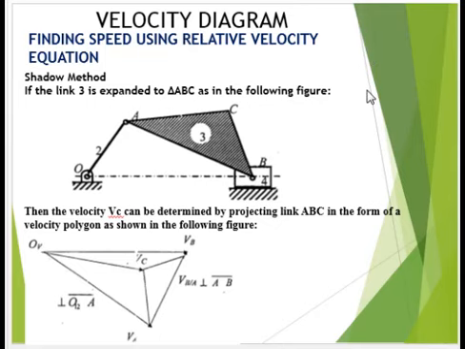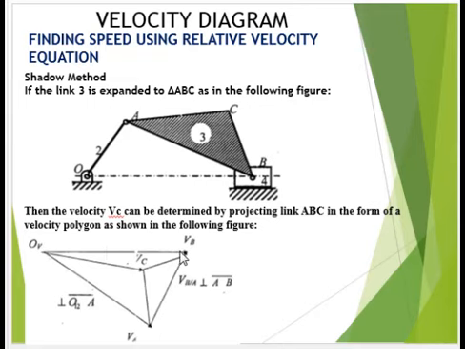From the previous mechanism, if link 3 is expanded to triangle ABC, like this illustration, we can find the velocity at point C by projecting link ABC onto the previous polygon. This is the polygon for VA, VB relative to A, and VB.